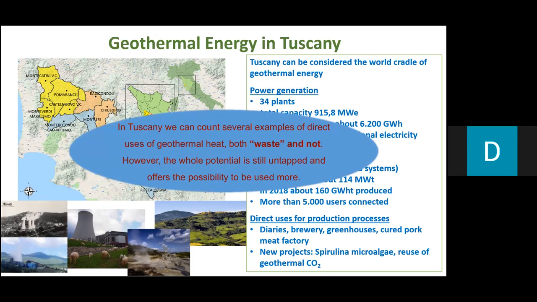Geothermal heat can be used as waste heat from the geothermal power plants, or directly from the geothermal wells, in case the production needs higher temperatures. But the heat still available in geothermal territories is still untapped and can offer more possibilities to be used.